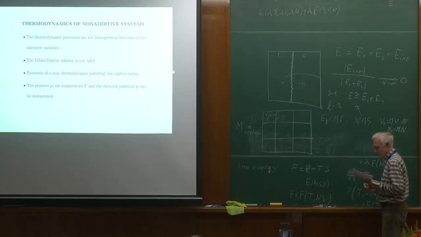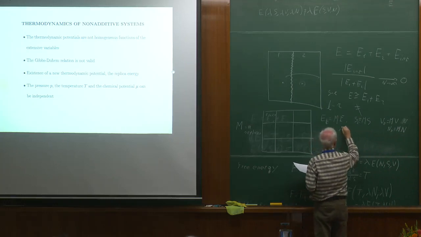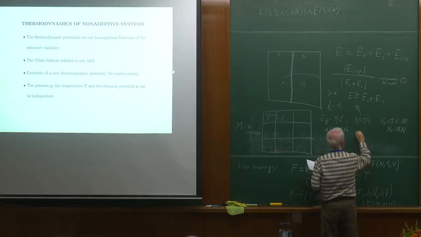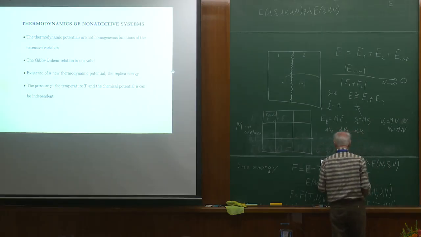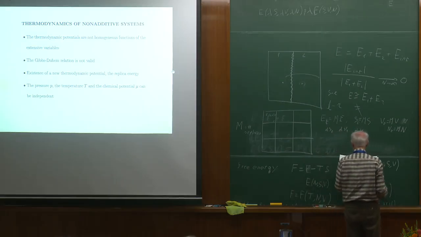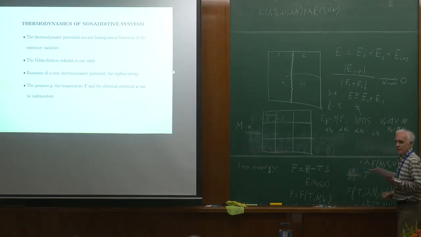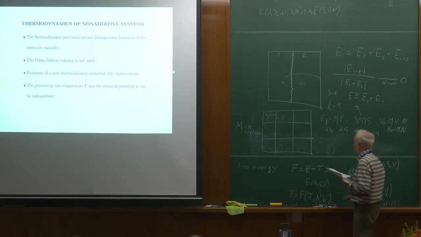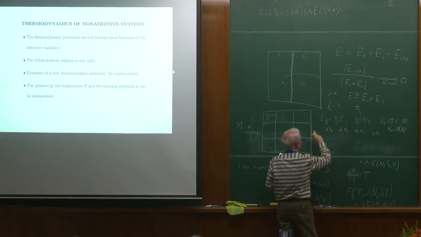Okay, so suppose now we make a change in dS, in dV, in dN, and also in the number of replicas. So there will be a change in the energy of the total number of replicas.